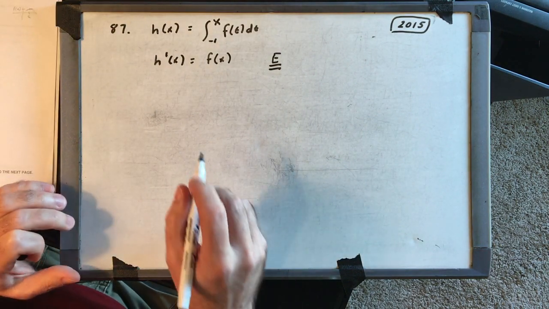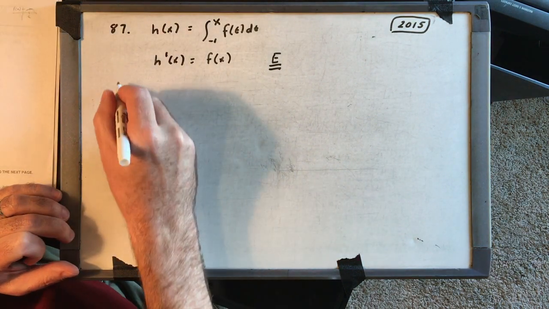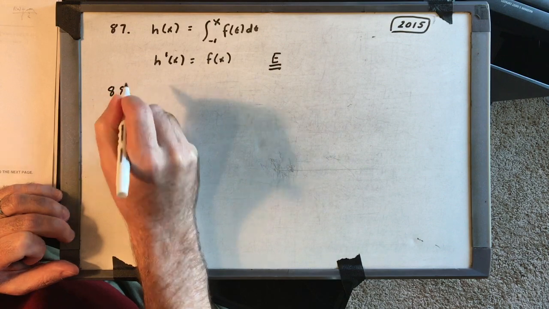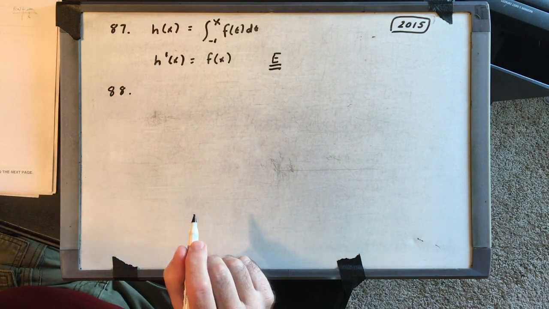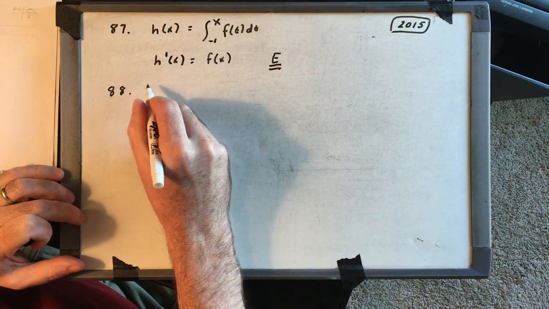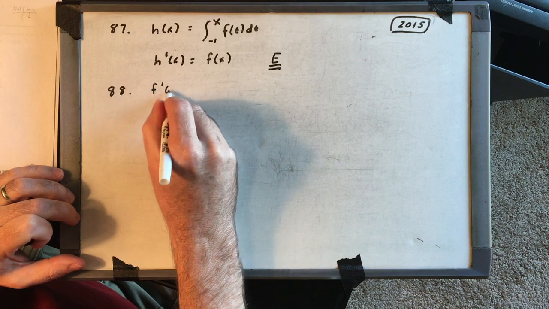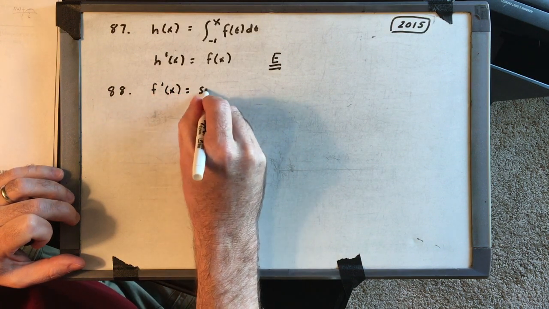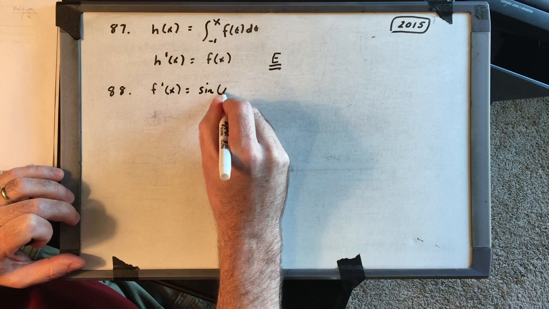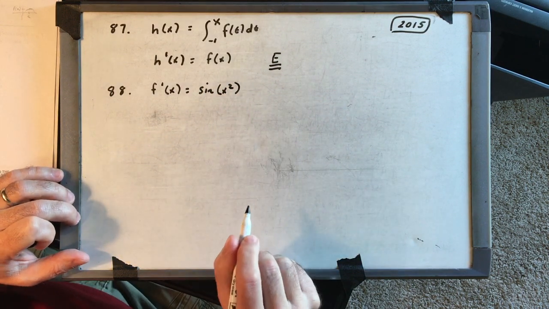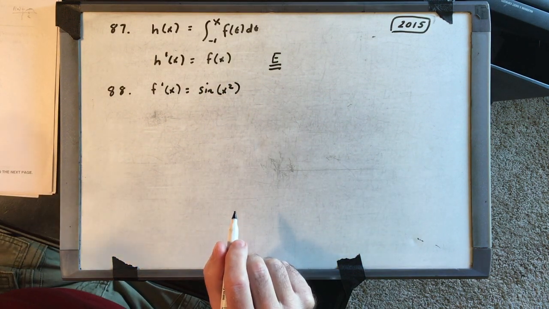All right, 88. It says the first derivative of a function f is given by f prime of x equals the sine of x squared. At which of the following do you have a local minimum?